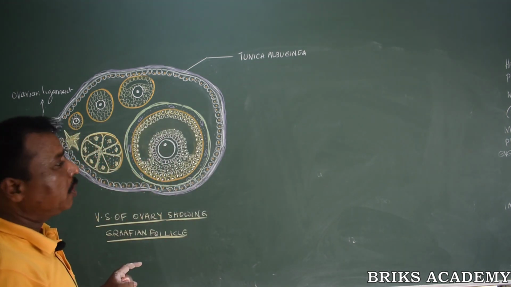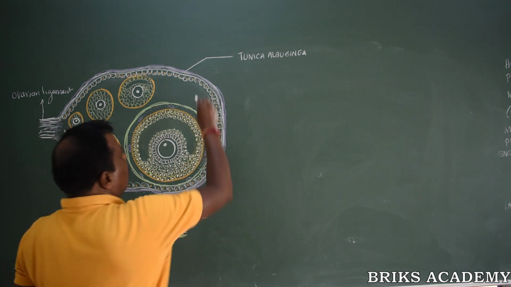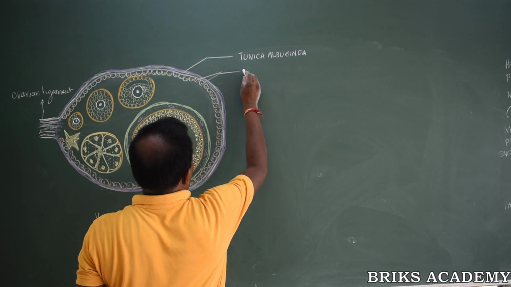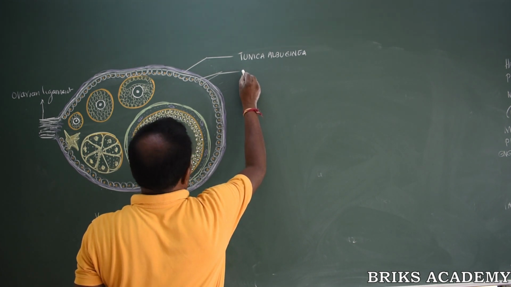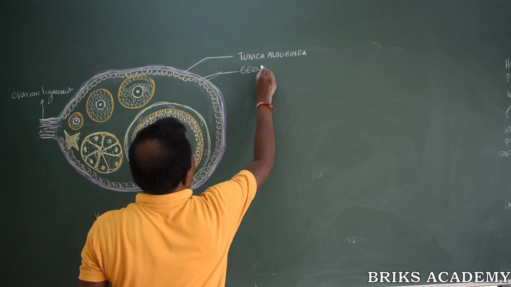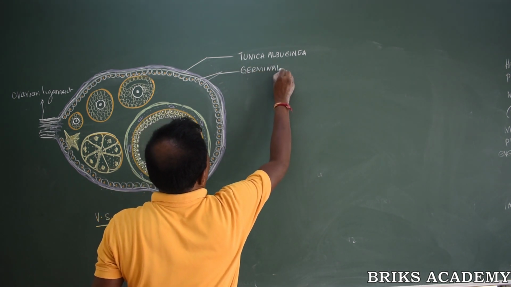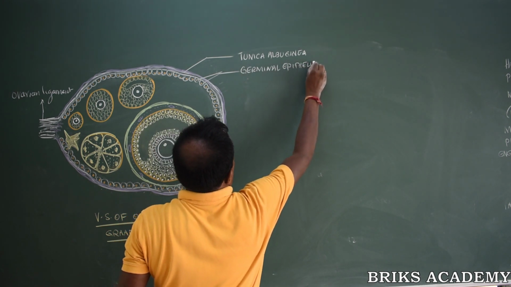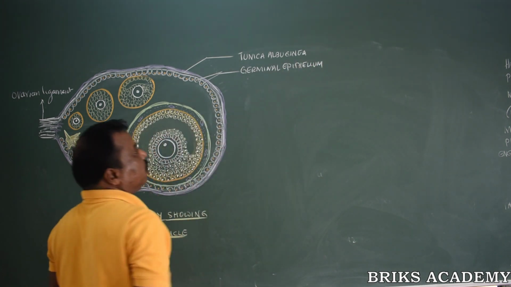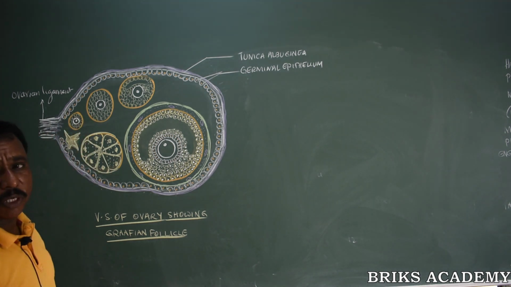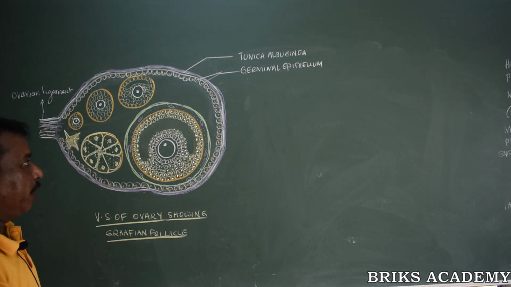Below that you come across a cellular layer, generally called the lining of the ovary, made of cuboidal epithelium, which constitutes the germinal epithelium. This germinal epithelium is lined by cuboidal cells, which are responsible for the production of the ovarian follicles, the structural and functional units of the ovary.